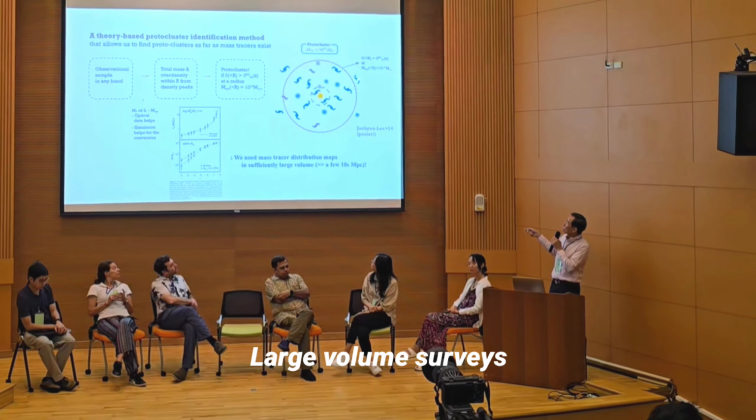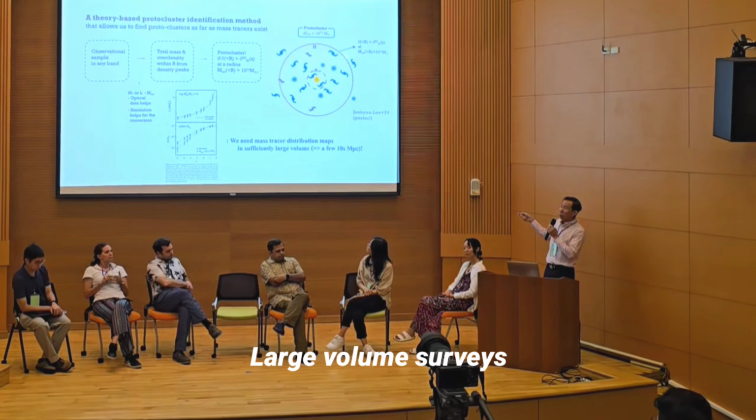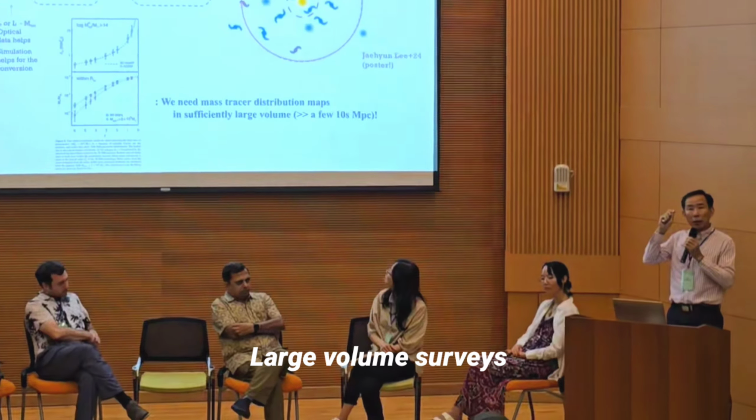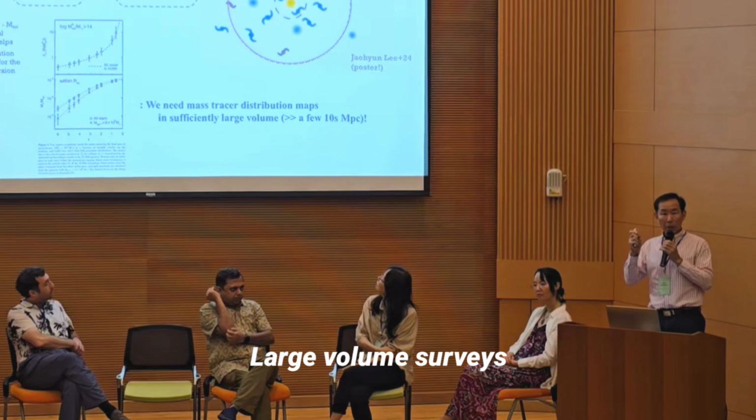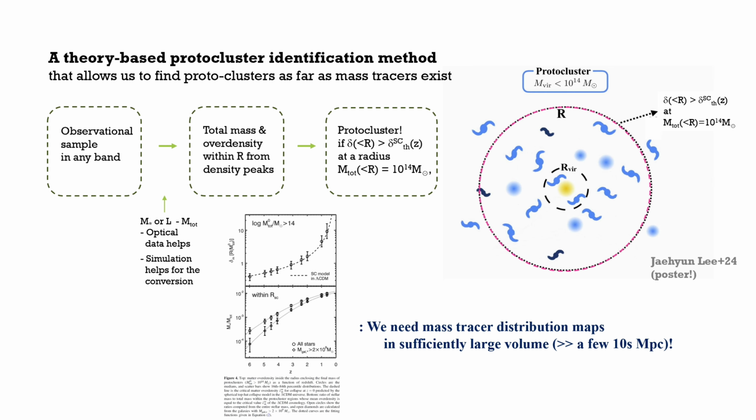If I reach the density value equal to the critical density for spherical top-hat collapse at z equals 0, then that's the region that will collapse by now. And if that mass is greater than 10 to the 14 solar masses, that's going to be the protocluster.